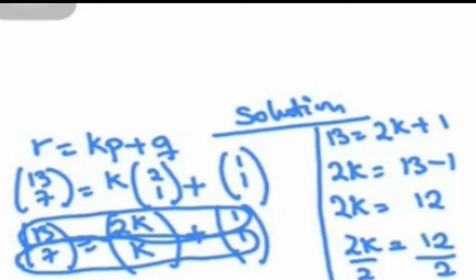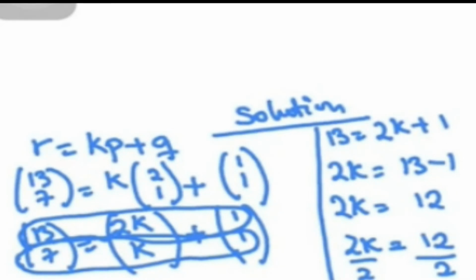All right, so that is the first part, the first value of K. Then it becomes the second value of K. You don't need to circle it like this, I circled it so that it is clear for you. So it becomes the second part. The second part is what? 7 is equal to K plus 1.